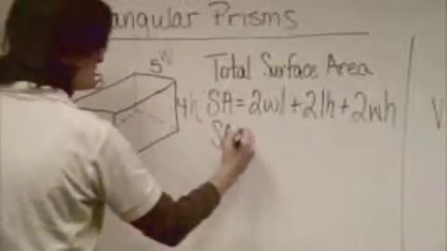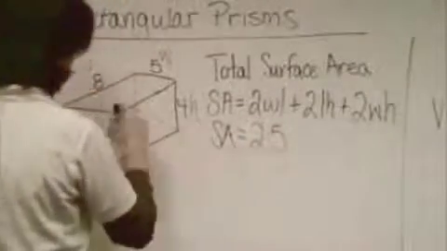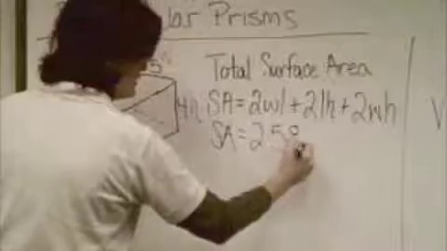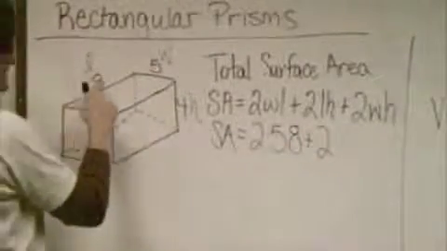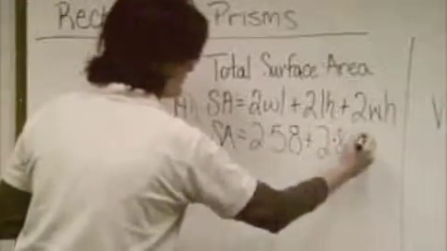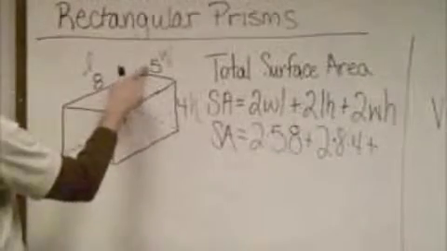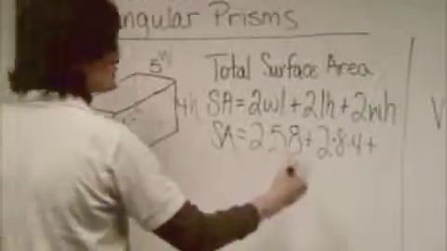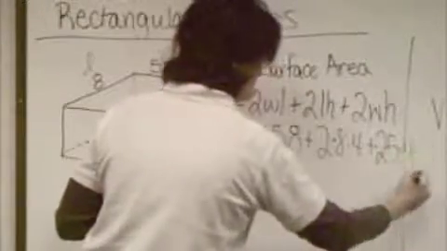Surface area equals 2 times 5 times length is 8 plus 2 times 8 times 4 plus 2 times the width is 5 and the height is 4. So 2 times 5 times 4.